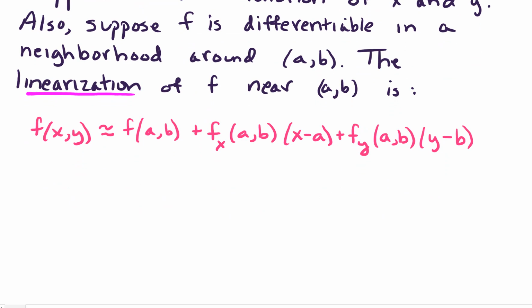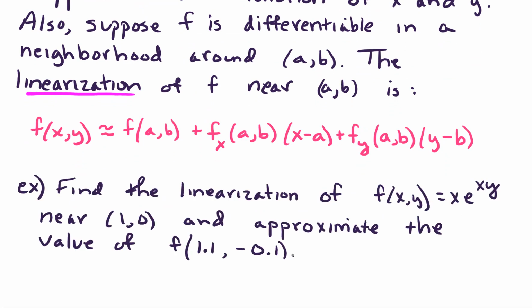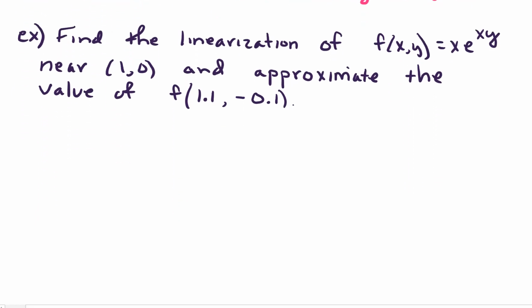Okay, so let's do an example. Let's find the linearization of f of x, y equals x times e to the xy near the point (1, 0), and we'll use the linearization to approximate the value of f of 1.1 comma negative 0.1.